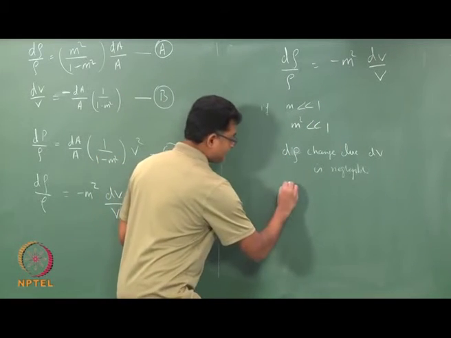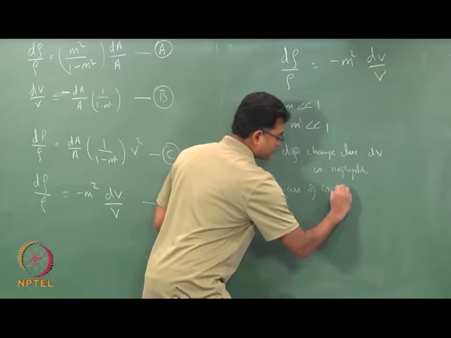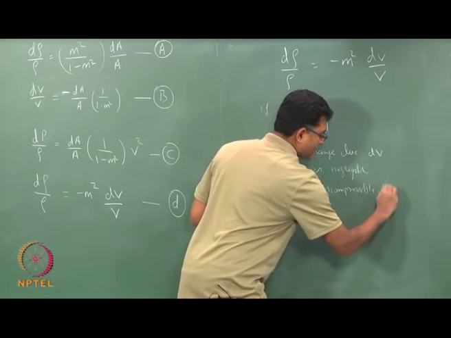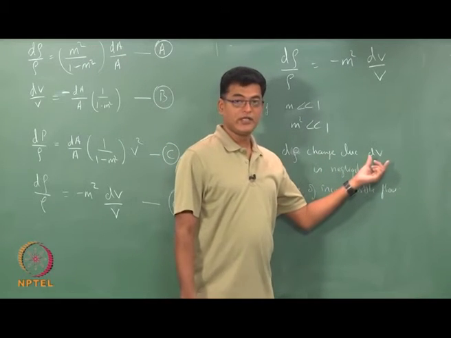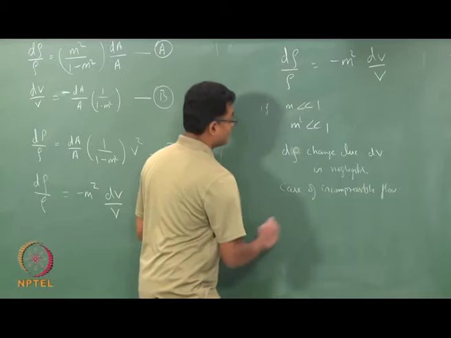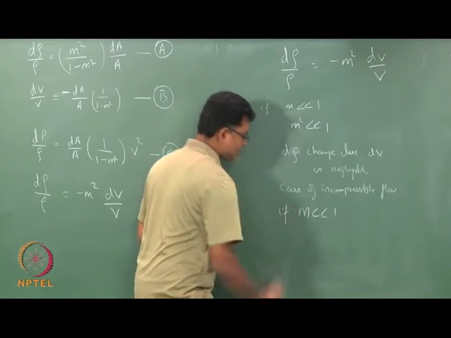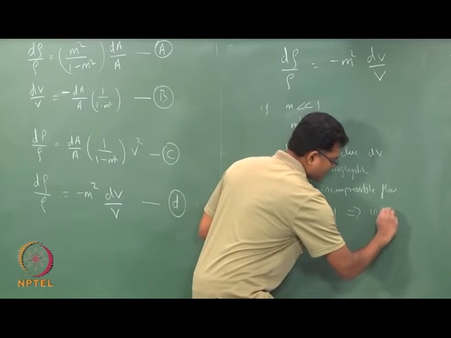This is the case of incompressible flow, where we assume the density changes due to your velocity change is very small. So, in such a case we can infer that if m is much less than 1, this will approximate to incompressible flow.